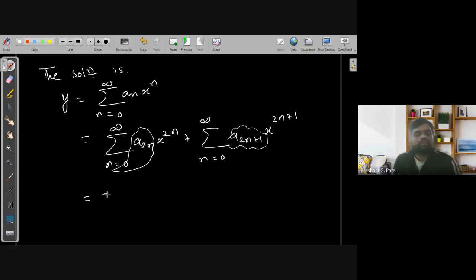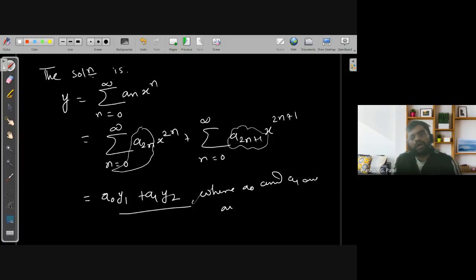So the solution will be a0 into y1, if I call that series y1, and a1 into y2 is the other, where a0 and a1 are arbitrary constants, which is the solution of Chebyshev differential equation.